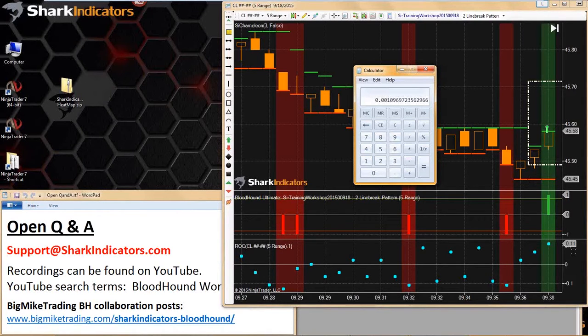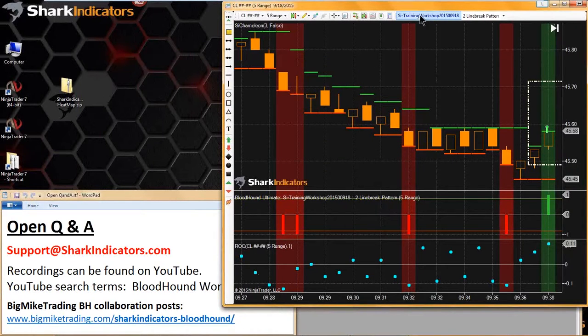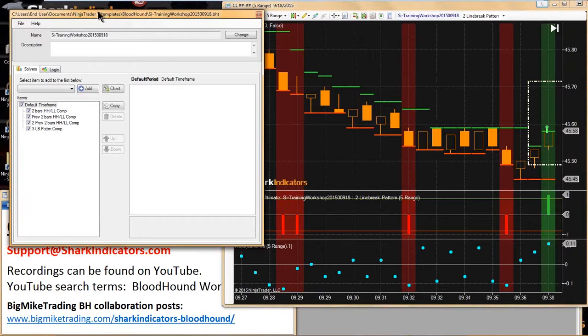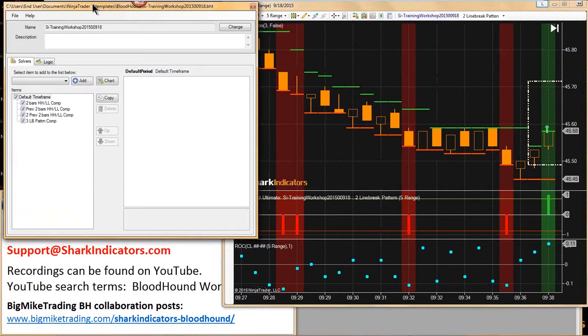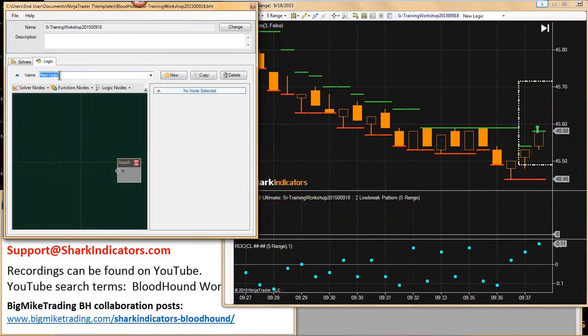So, Gunter, it looks like Ninja comes with an indicator that'll calculate that percent move. Let me try and figure out how to do that in BloodHound. So let's start a new one here.